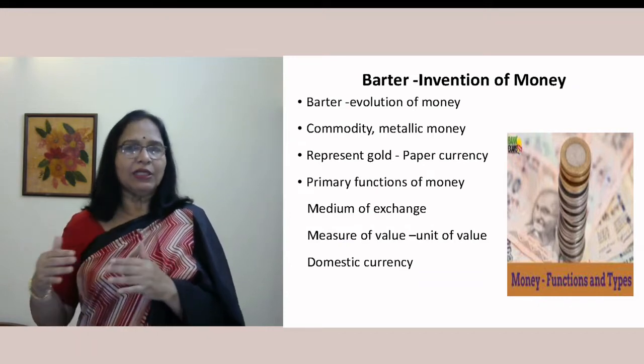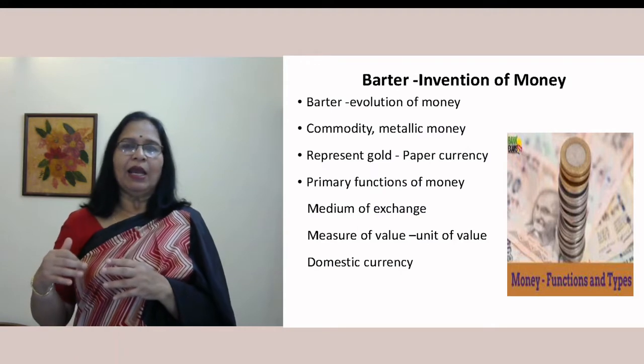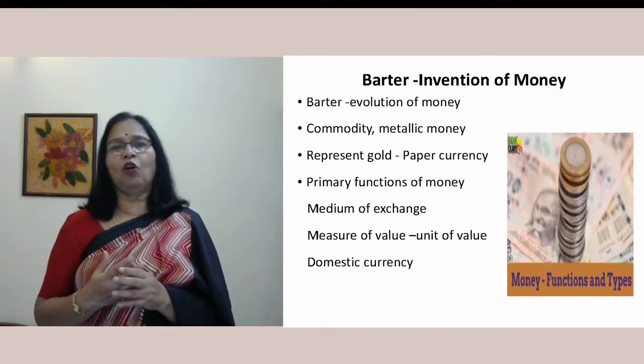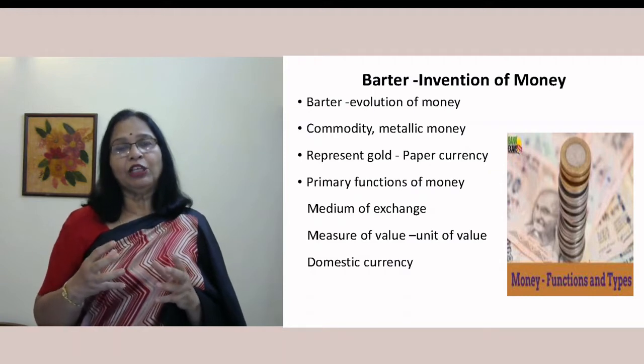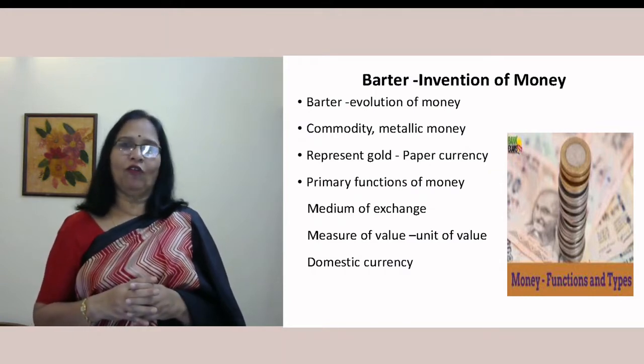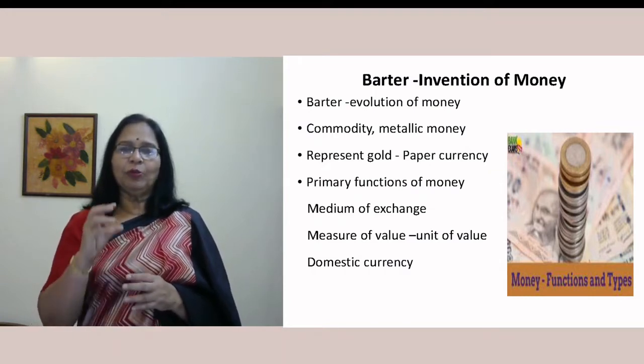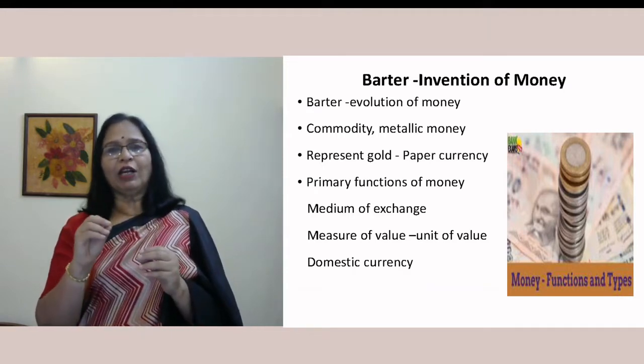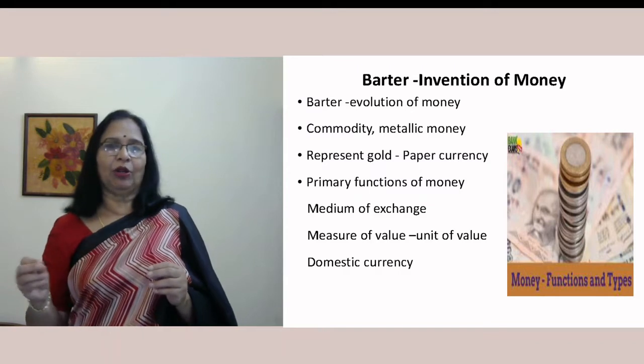Now this kind of change takes place, but one of the big problems that they were trying to solve was that there should be a common unit of value. That means there should be something in between by which we can measure the value of one commodity vis-a-vis the other commodity.